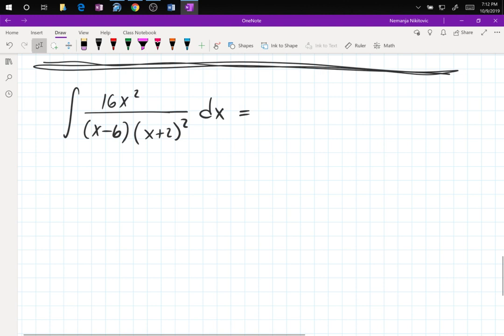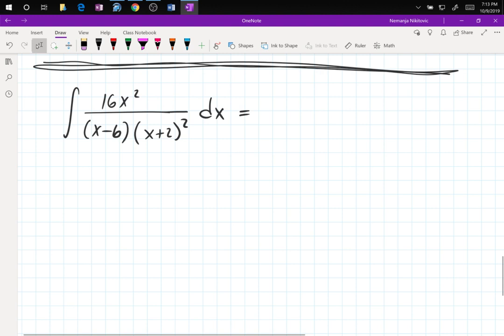Since everything is factored, you should immediately see what setups we use. Numbers 1 and 2, very good. So number 1 goes for the first one, and number 2 will go for the second one.